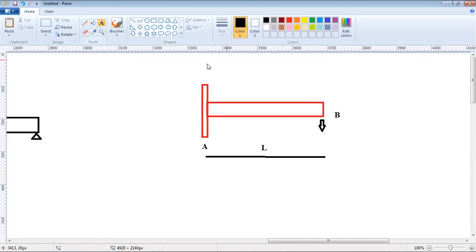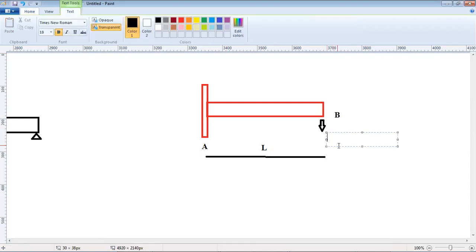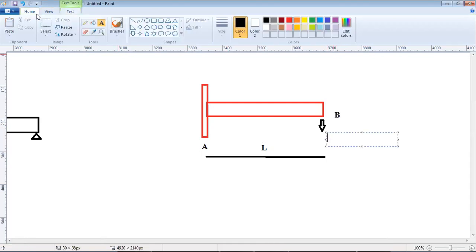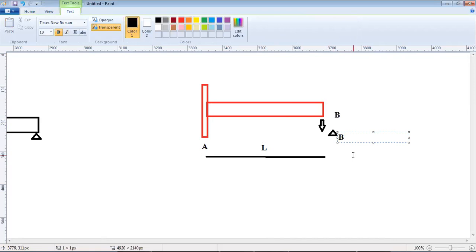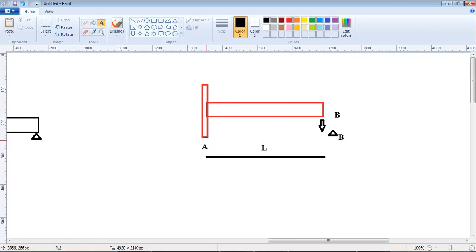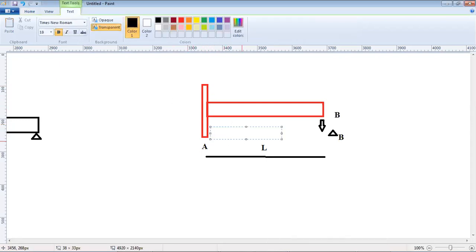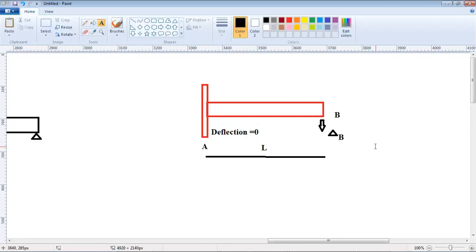For example, the deflection here that we have to measure at this point is delta B. We are terming it as delta B. What is the amount of deflection happening at point A? This is fixed, so the deflection here is 0. We have to measure the deflection at point B.